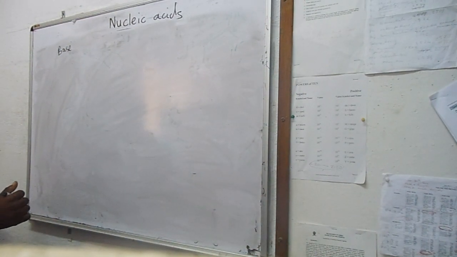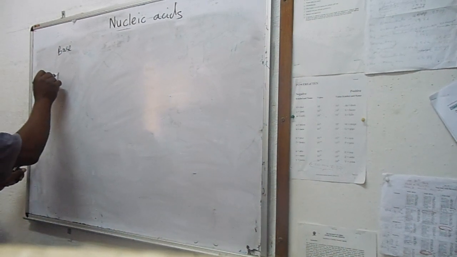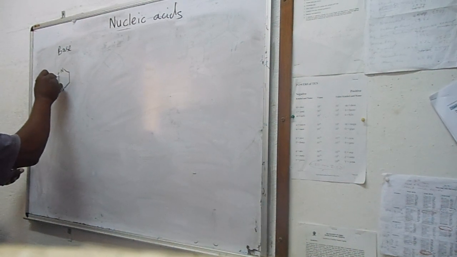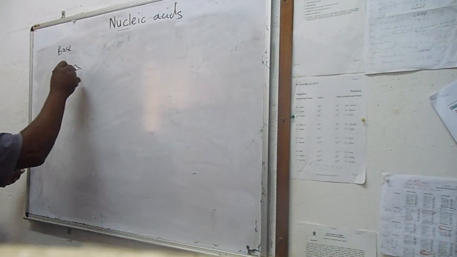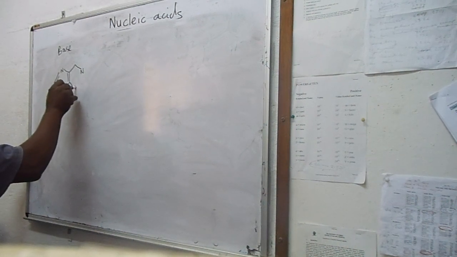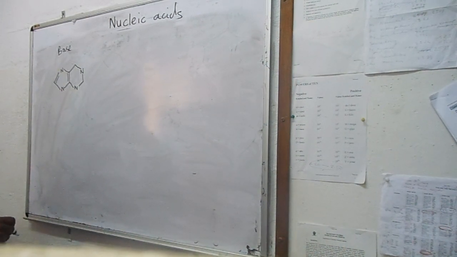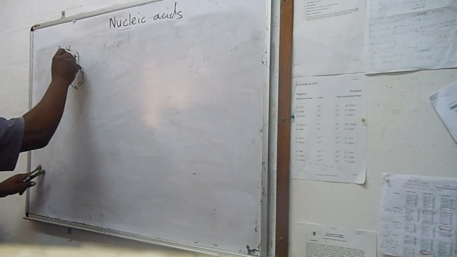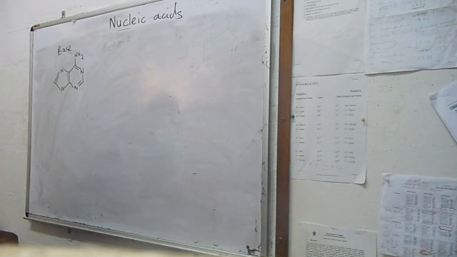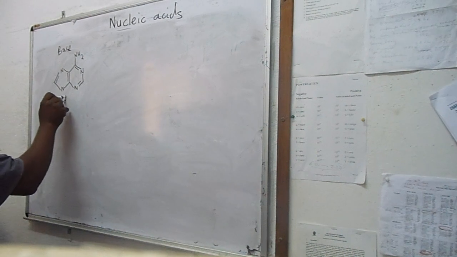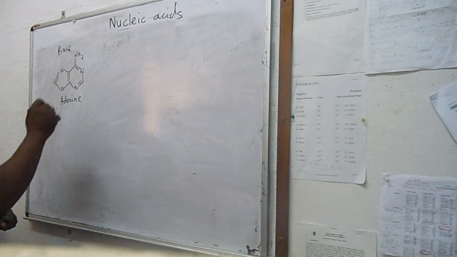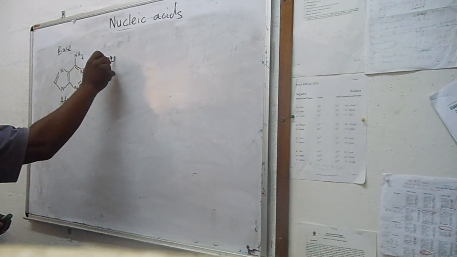So I'll pick one purine. That is a purine called adenine. I react this purine with the ribose.